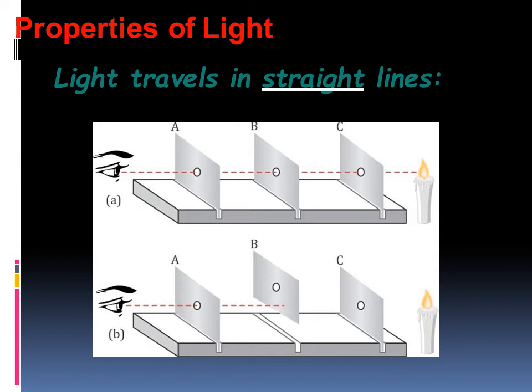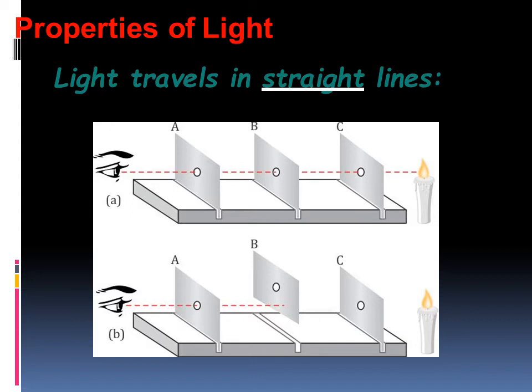It's not that from C it will enter B's hole, then come to A, and then you will see the flame. If any of the boards is misplaced or moved, the light is blocked. In this figure we have moved B. Either you move A, or B, or the board C.